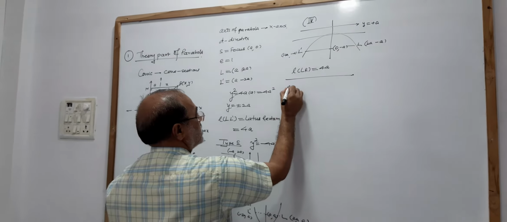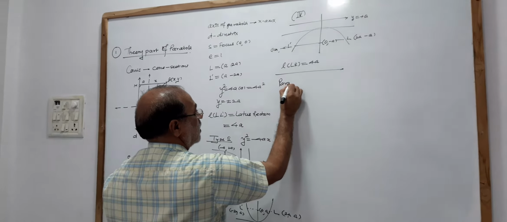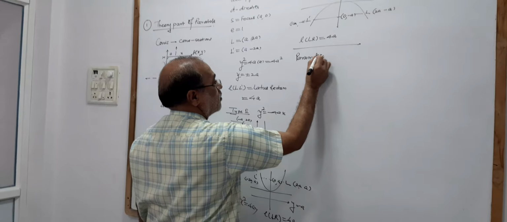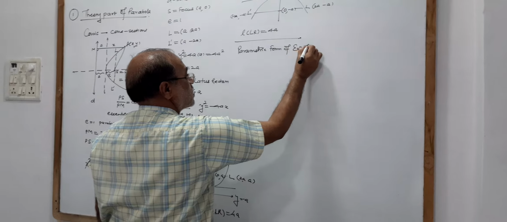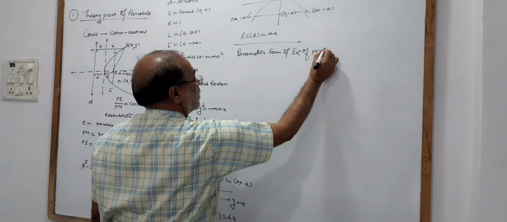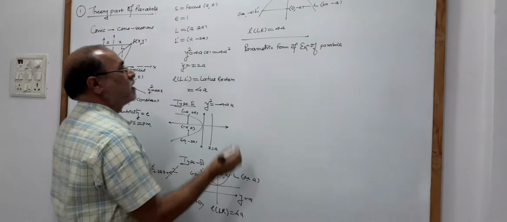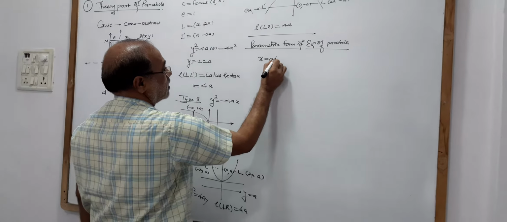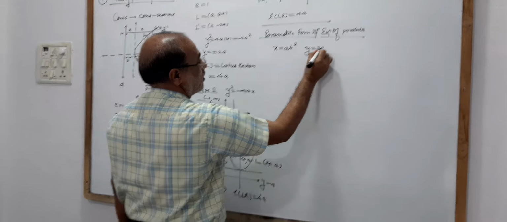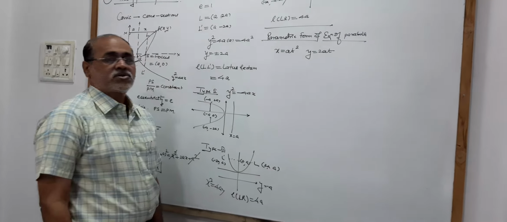Next is the parametric form of the equation of a parabola. For any parabola, x equal to at square and y equal to 2at are the equations of the parabola.